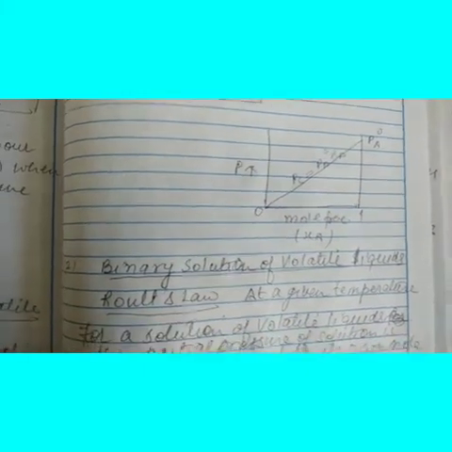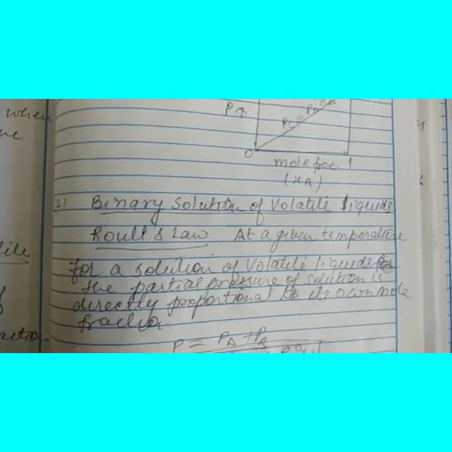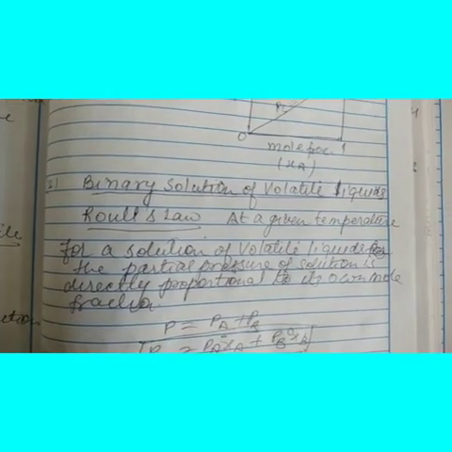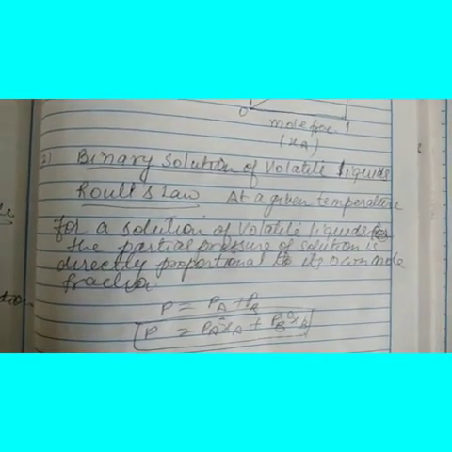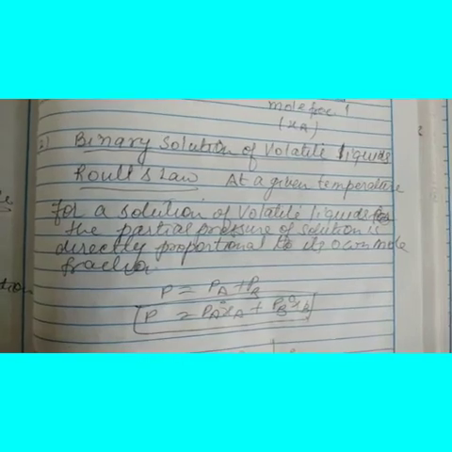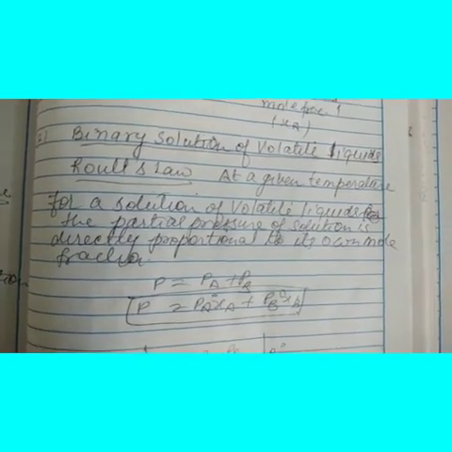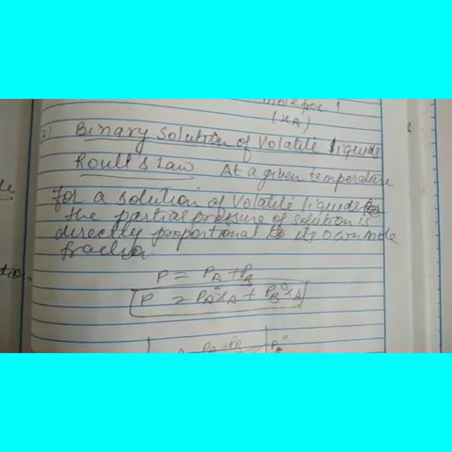Now the second point of Raoult's law: a binary solution of volatile liquids, meaning both are volatile in nature. Here Raoult's law states that at a given temperature, for a solution of volatile liquids, the partial pressure of each component is directly proportional to its own mole fraction.